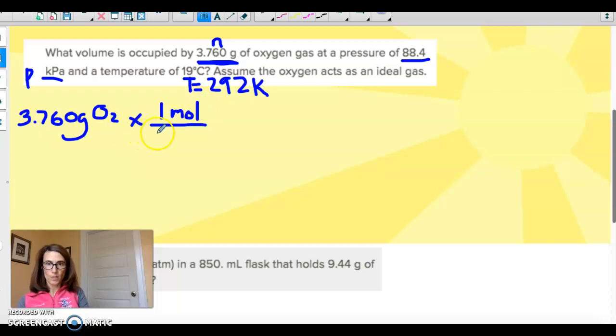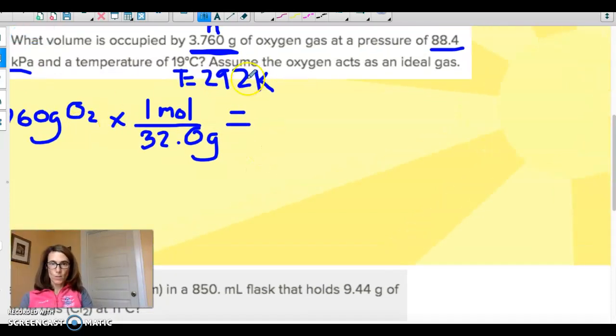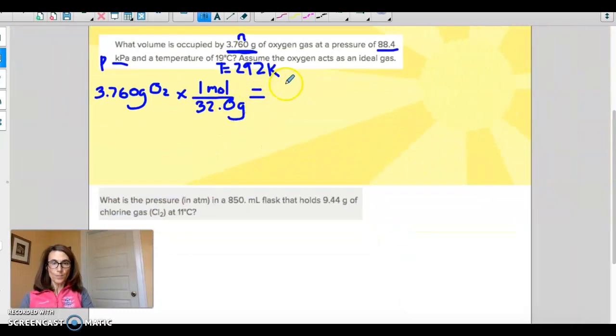You have to take your 16 times 2, so 32.0 grams. So essentially we take our 3.760 and we're going to divide by 32. Right, we need 4 sig figs because we started with 4 sig figs. And we get 0.1175 moles.